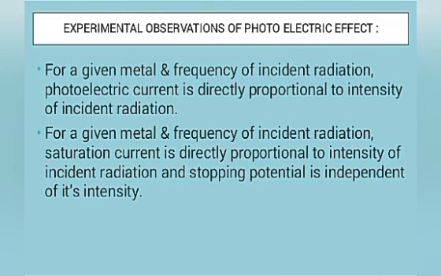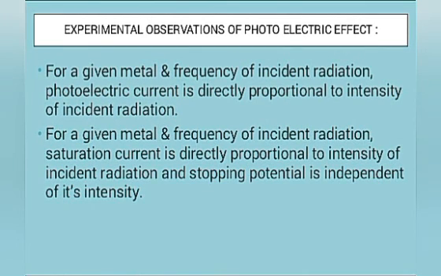In case 2, we concluded 2 points. Do you remember? Saturation current depends on intensity and stopping potential depends on frequency, which means stopping potential does not depend on intensity.